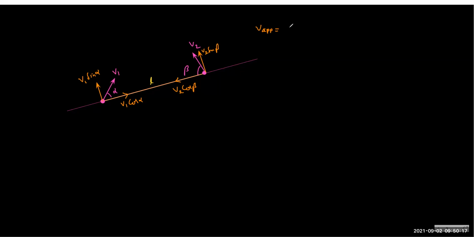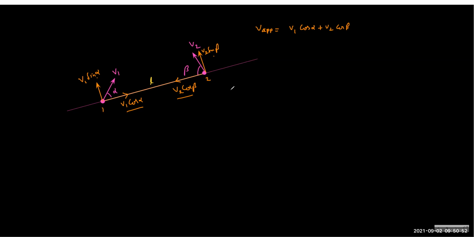So the velocity of approach is very simple: V1 cos alpha plus V2 cos beta. So they are coming to each other with this rate, and the perpendicular will never diminish the gap. So the V approach means simply at what rate they are coming to each other. That's the idea. And what will matter is the component of velocity along the line joining particles one and two.